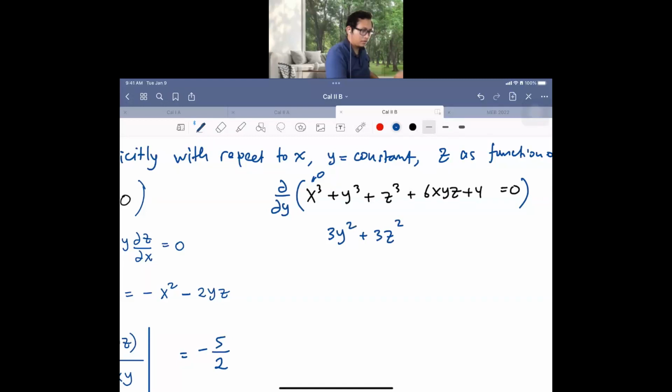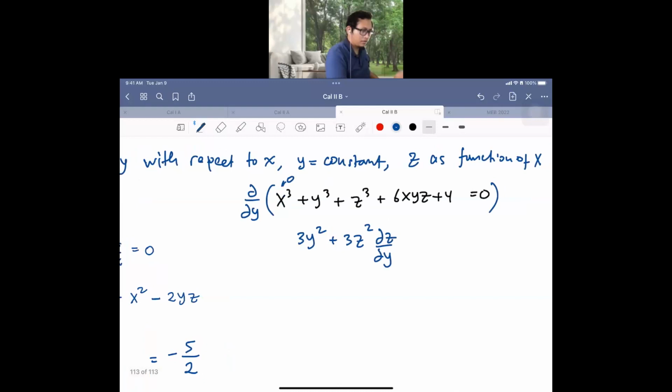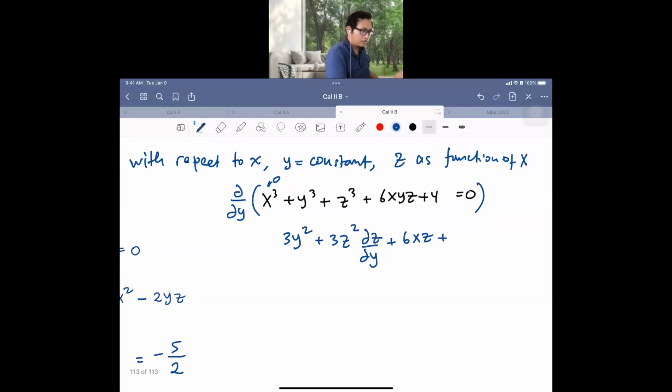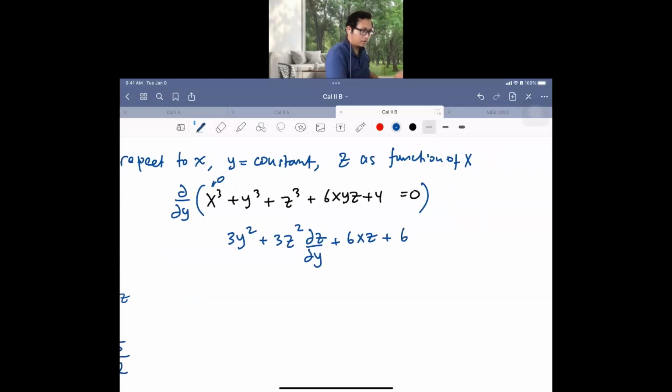And similarly, this will be plus 6xz plus 6xy dou z over dou y.